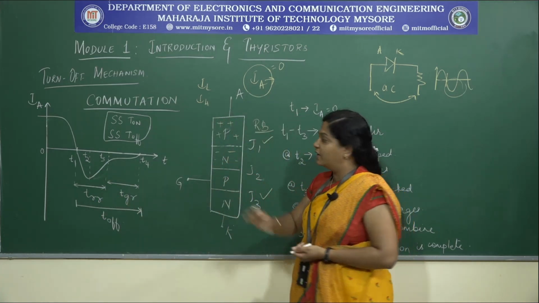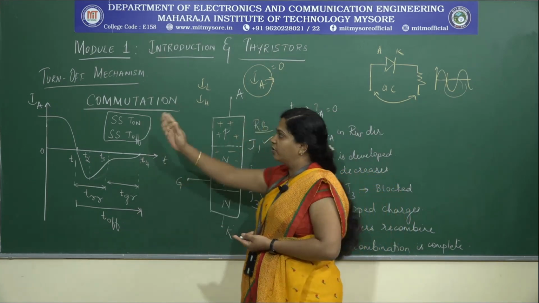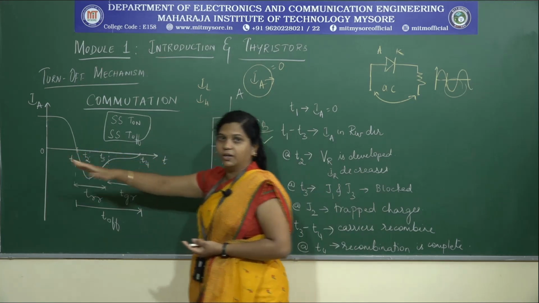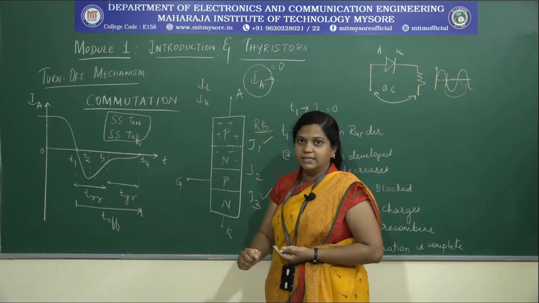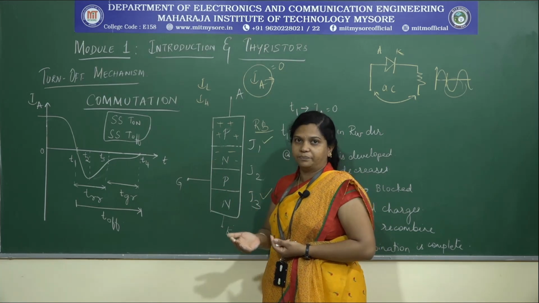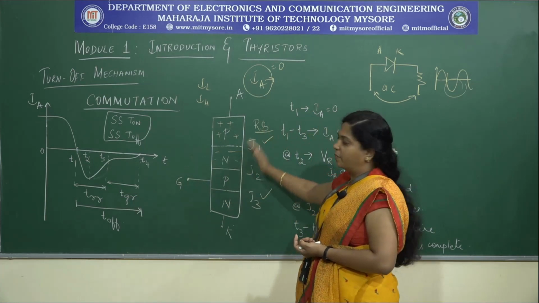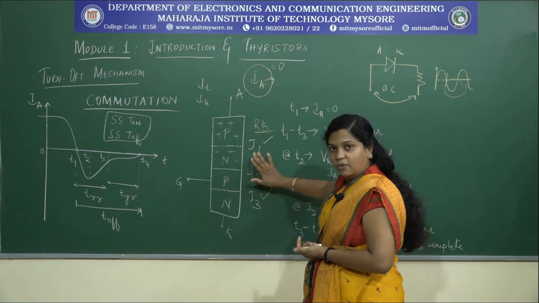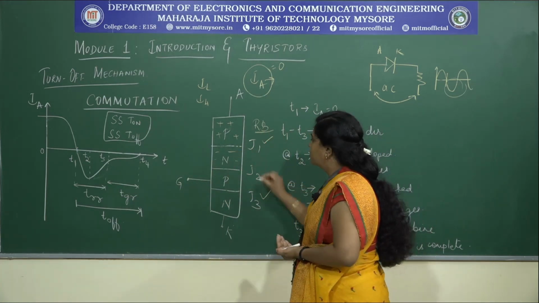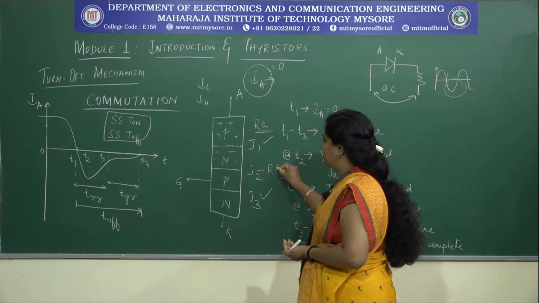What is going to be recovered? The free electrons which were in motion, suddenly you are going to apply a negative voltage here, so they have to come to rest. This process is known as reverse recovery. Once it has been recovered, then the recombination happens, they go back and settle. That is when your J2 is also going to go to the reverse biased condition.